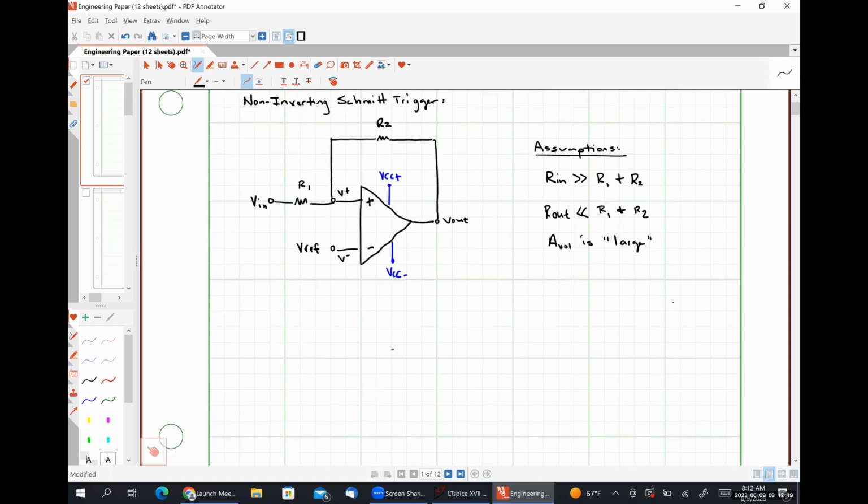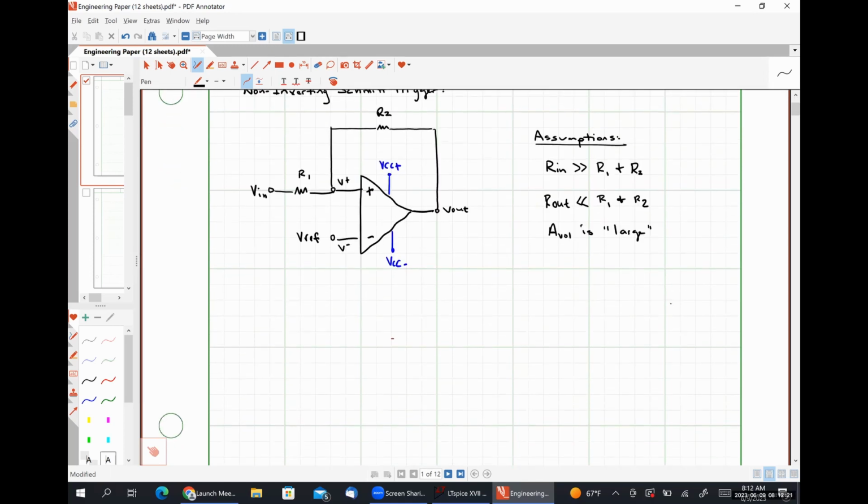All right, so I'm going to redraw my circuit using the practical op-amp model. So once again, I'm going to start with just the practical op-amp model by itself. So this is my non-inverting input terminal. Here is my input resistance Rn. This is my inverting input terminal.